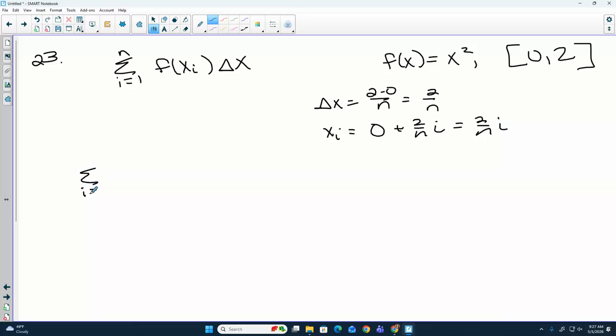So we have the sum from 1 to n of f of x sub i, so if I plug this into my function, I get 2 over n times i, squared, times the change in x, which is 2 over n. That's 8 over n cubed times i squared.